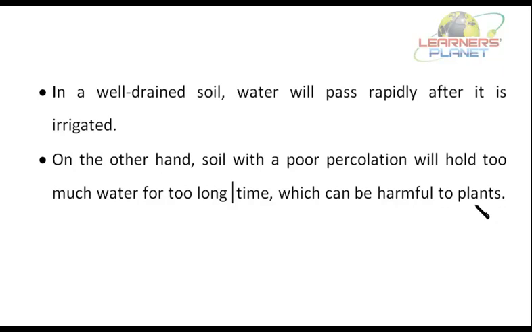Now, I would like to discuss one more thing other than these factors: what happens to water when it falls on cemented ground? Yes, cemented ground is porous to some extent, but the porosity of a cemented floor is very low as compared to soil, and therefore water absorption is very slow in this case.